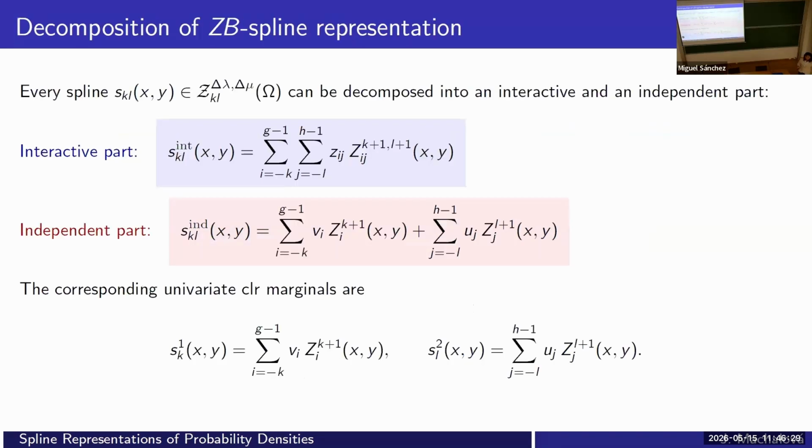And we can get it very easily because the independent part is in fact formed by the sum of two univariate ZB splines functions, and the interactive part is in fact made by the first part, where we used tensor product ZB splines. And univariate CLR marginals are in fact parts of the independent part.